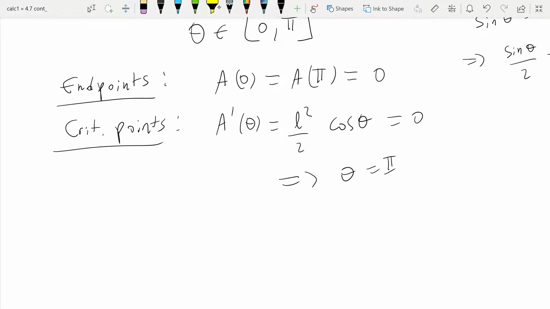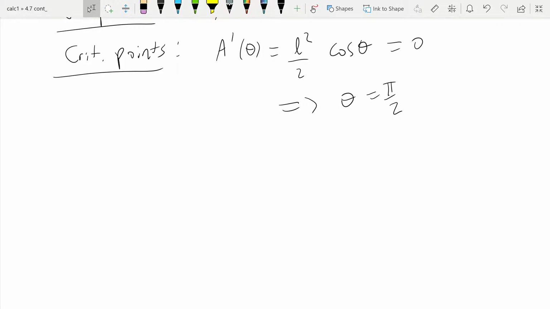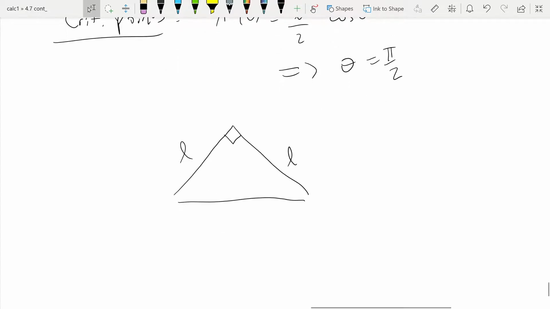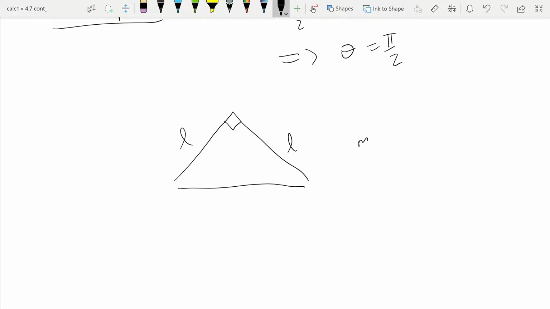Pi over 2 is the only value between 0 and pi for which cosine is equal to 0. So this is the picture then that we have for the optimal triangle, with sides L and L, and this is a right angle. So this is maximized then for theta equals pi over 2.